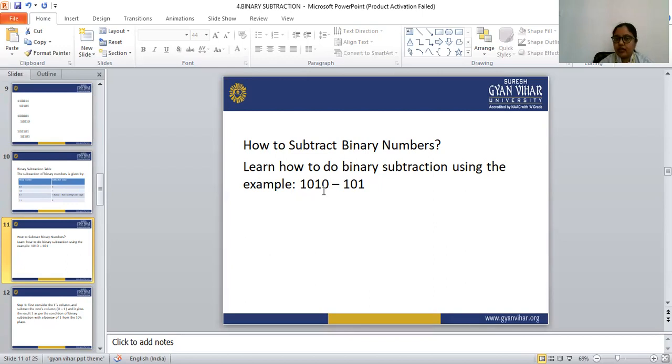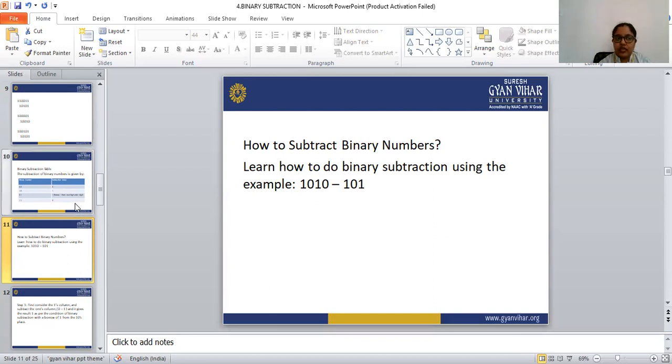So we take the ones column from these two digits, 0 and 1. We have to subtract the smaller number from the bigger number. So 0 minus 1.